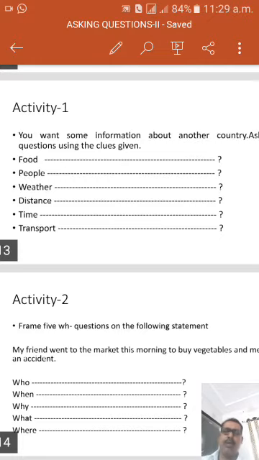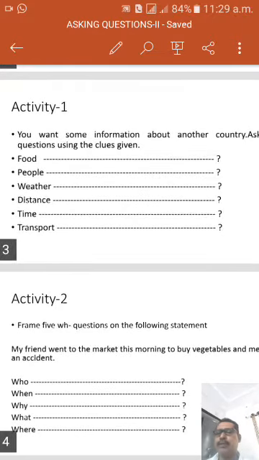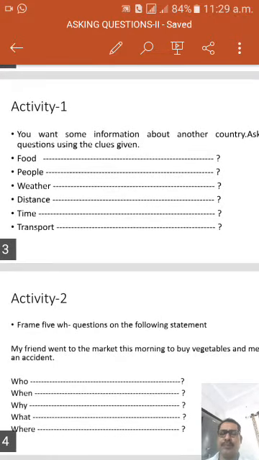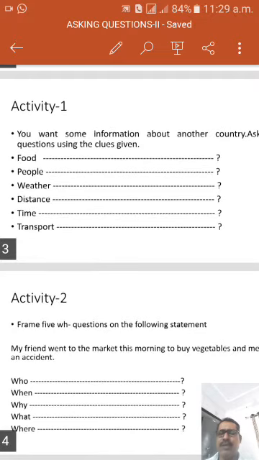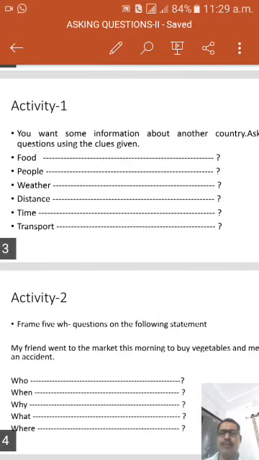So you are going to ask all these questions. How to ask these questions? Let us see. How is the food in the USA? What is the staple food in the USA? The staple food in India is rice in southern India, and wheat, chapatis in northern India. So what is the staple food of people in America?